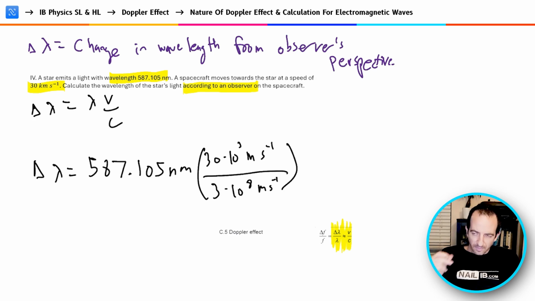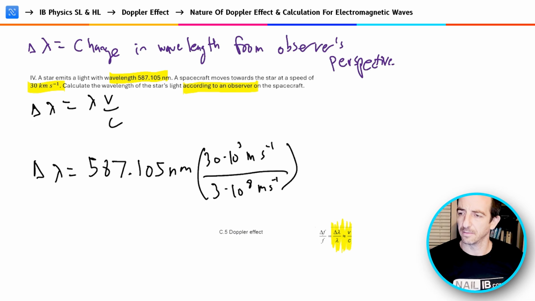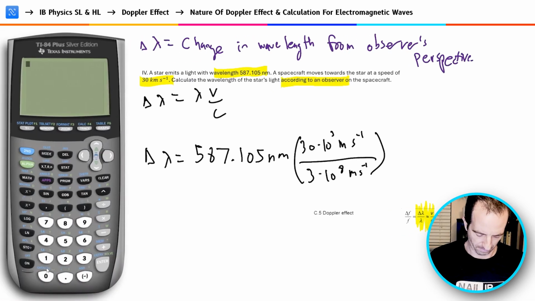There we go. Let's type this into the calculator: 587.105 nanometers times, and then divided by 3 times 10 to the 8th.